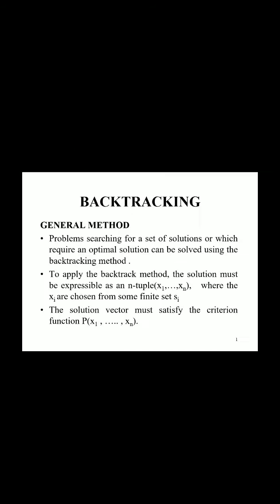That means in our n queen problem, no two xi values should be same, that is xi should not equal xj, where xi denotes the column number for queen i and xj denotes the column number of queen j. So no two queens have the same column. This is how backtracking works, that we always need to find a solution tuple.